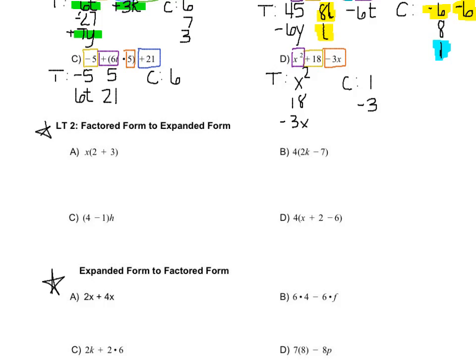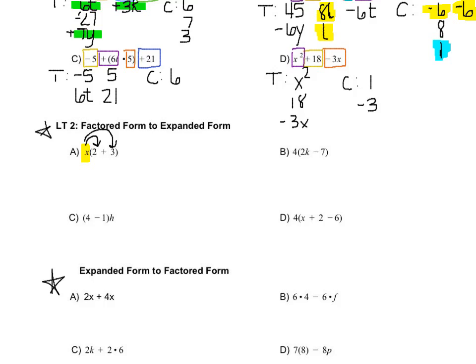And you will always have a number or a variable that is outside of a parenthesis. And when you expand it, that means that you take what's outside the parenthesis, like this x, and you need to share or distribute with whatever is on the inside.